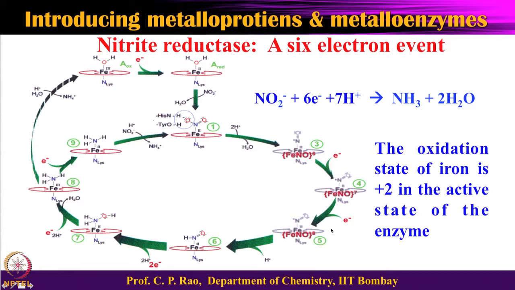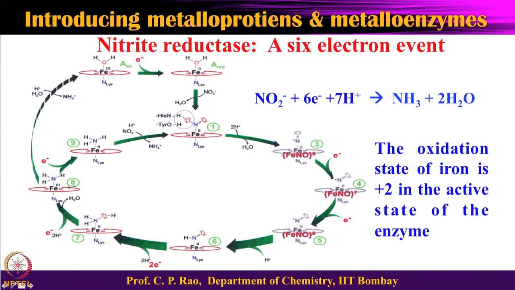Then one more electron will add to this, making it further reduced, and at this stage the protonation takes place. Then two more electrons will add and protonation will take place, and at this stage you have the third protonation; the water obviously will go out because of these 2 protons and 2 electrons. So, these 2 protons and 2 electrons you require.